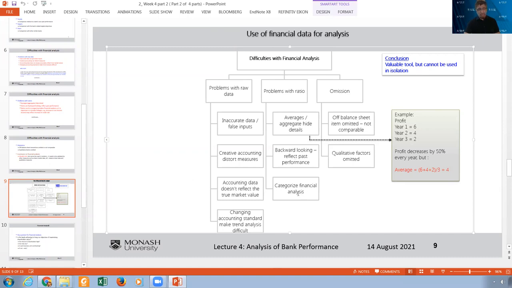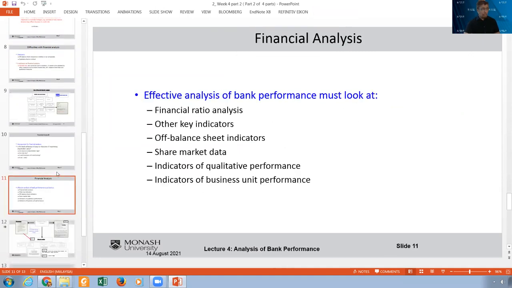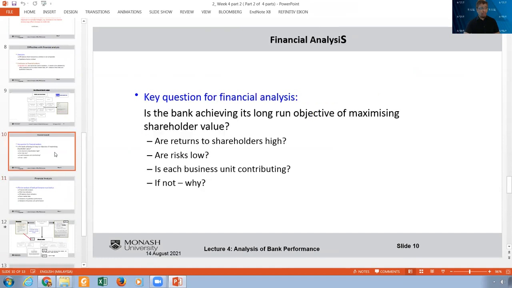They categorize or compartmentalize. There is omission of the balance sheet and the qualitative. So actually, when we talk about the key financial ratios, the key question is: is the bank achieving the long-run objective of maximizing the shareholders' value?